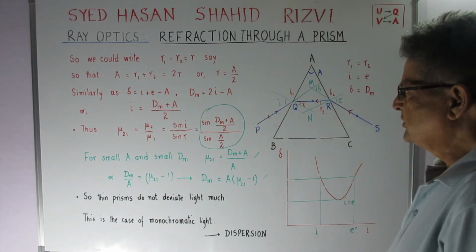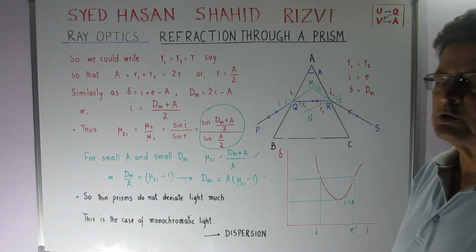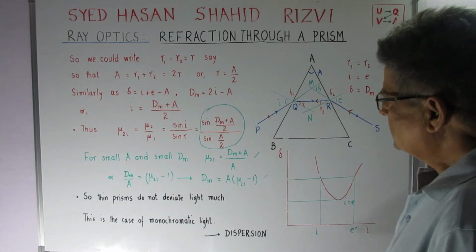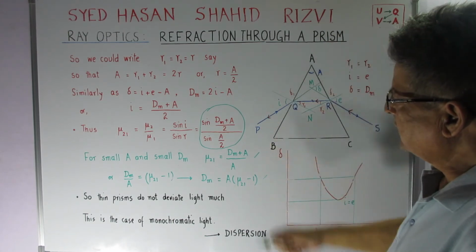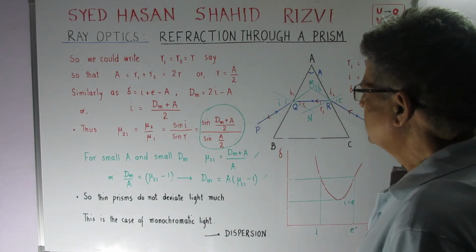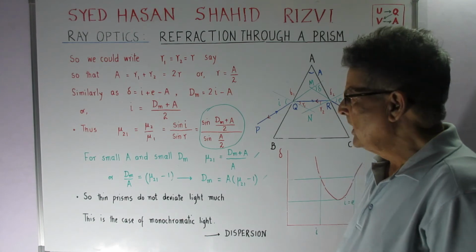I'll tell you how the dispersion takes place and how white light can be converted into VIBGYOR, that is violet, indigo, blue, green, yellow, orange, and red colors.